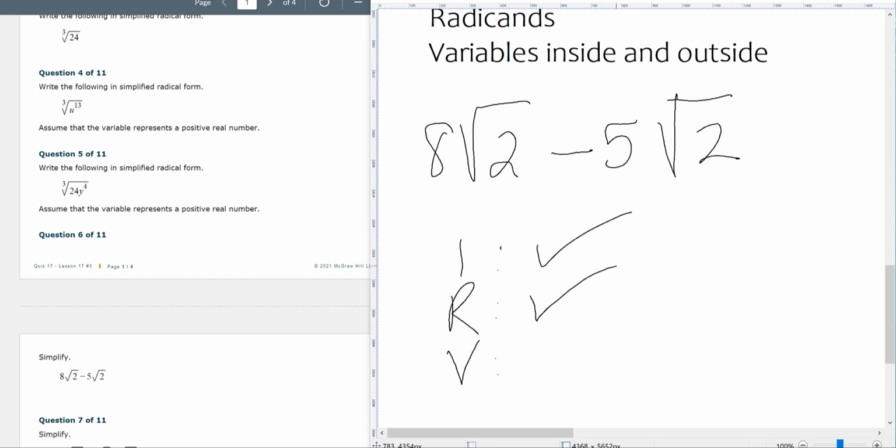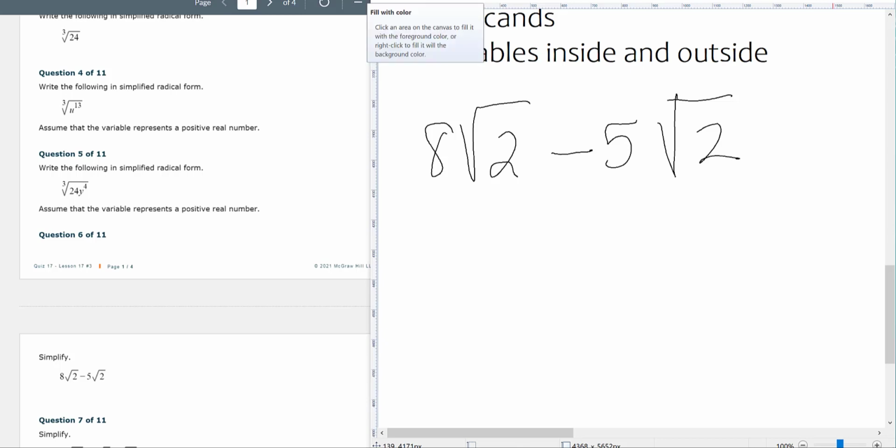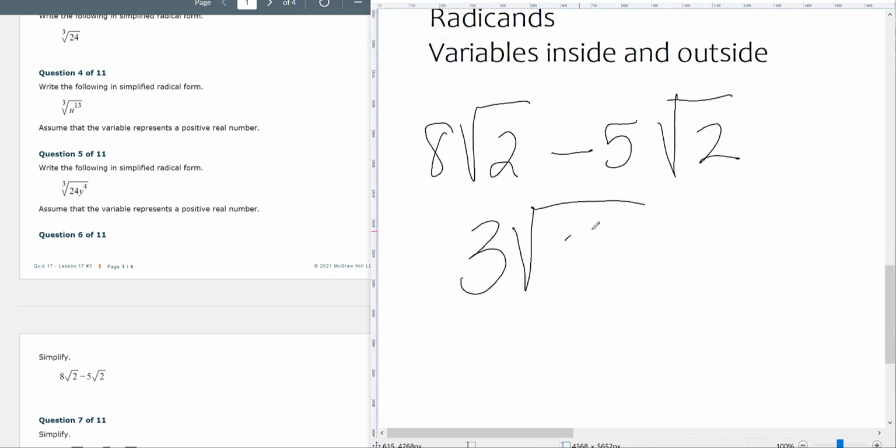Do they have the same variables? Yes, they don't have any variables. So all I do to subtract these is to subtract the 8 minus 5 and bring over my radical. 8 of those minus 5 of those are 3 of those. Whatever's in the radical stays the same.